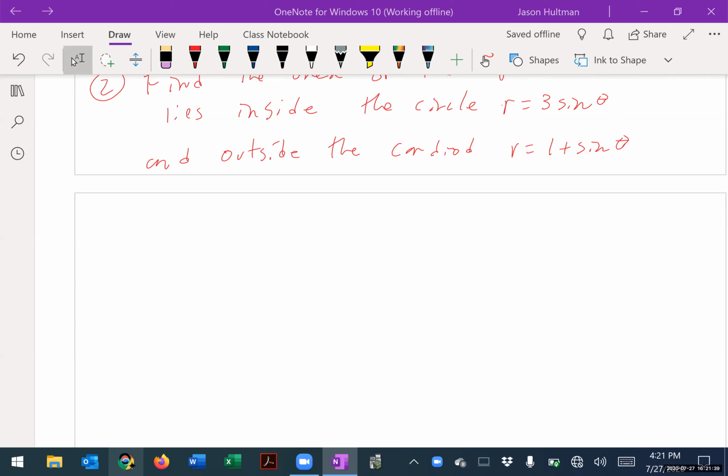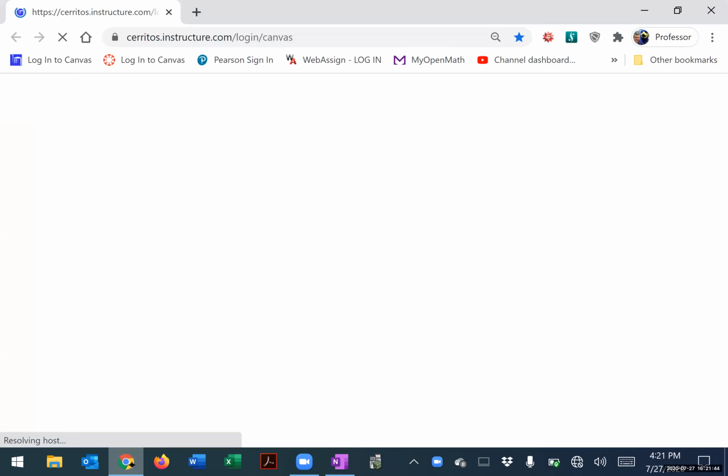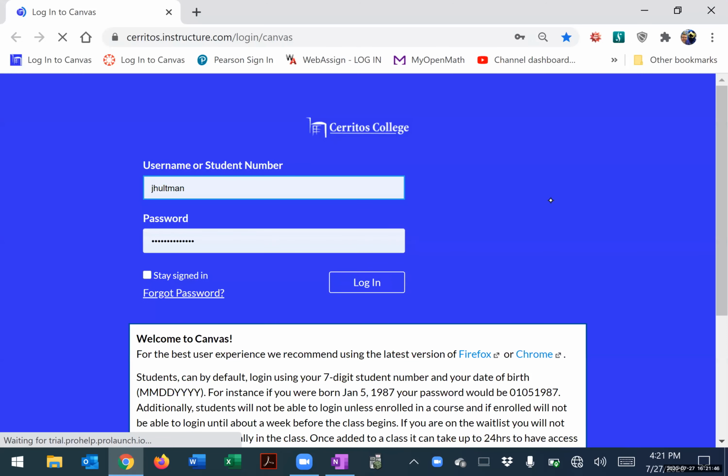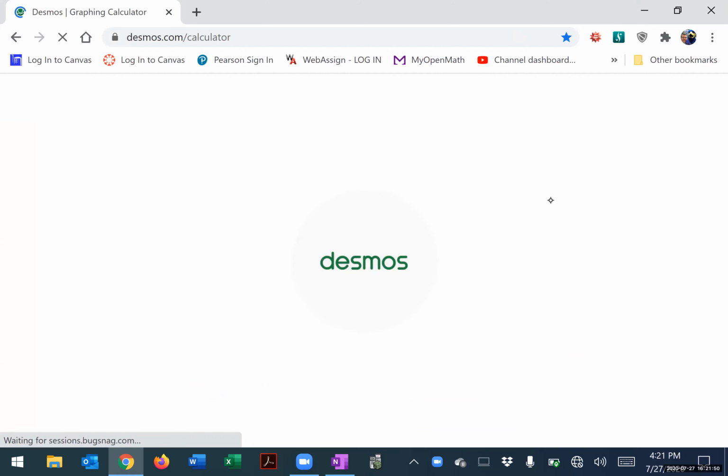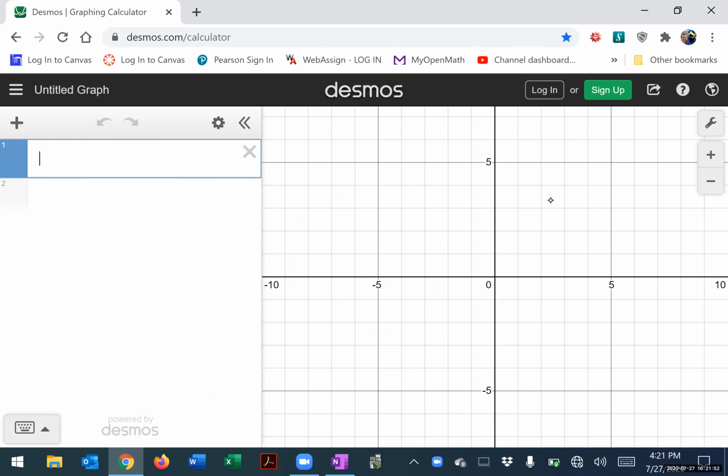Hopefully the system works again. Okay, I'm just not going to write on Desmos because that seemed to really mess things up. So we want r equals 3 sine theta. What does that guy look like?